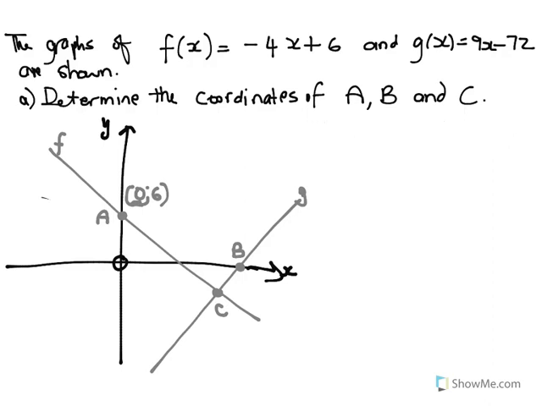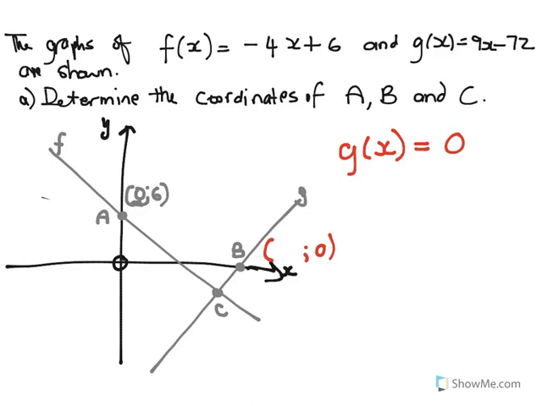And then if you look at B, what's so special about that? What kind of a feature is that? Well, that's the x-intercept of g. So what we know about it is that its coordinates are going to be something and 0. So the question we're asking ourselves is, for what input is the output of g going to be equal to 0, right?